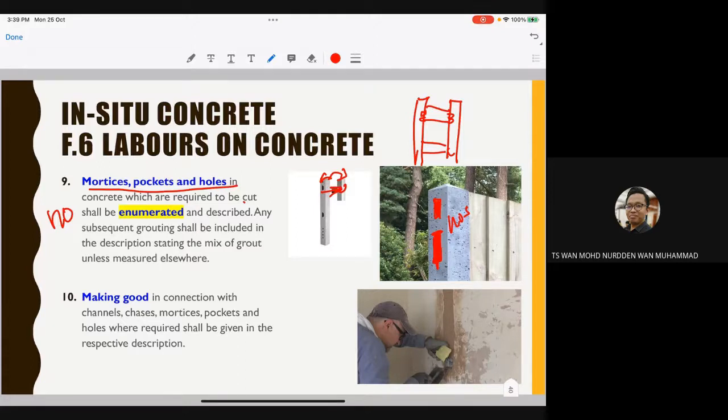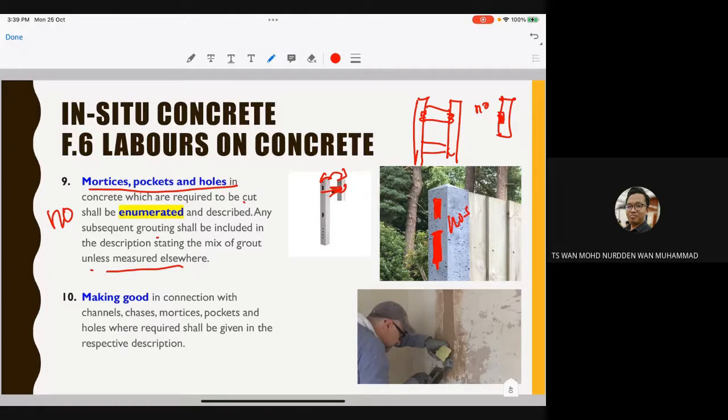Kalau kita ada konkrit, yang mana kita perlu hack untuk kita buat mortise ni ataupun hole ataupun pockets ni. Okay, yang tu perlu enumerated in numbers lah. Okay. And then dia cakap any subsequent grouting, maksudnya kerja selepas tu kita akan fill balik lah, shall be included in the description stating the mix of the grout unless measured elsewhere, kecuali dia dikira di tempat lain lah.